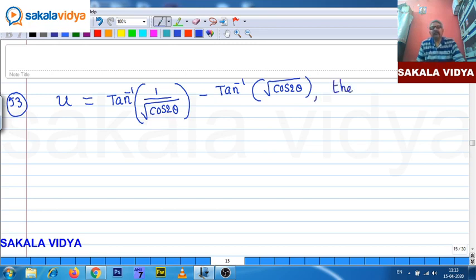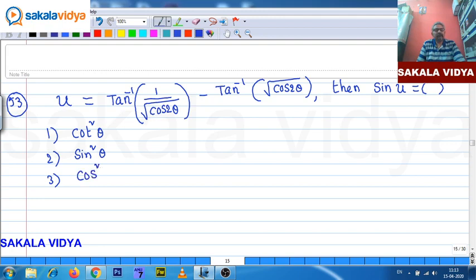Then sin u equals: first option cot square theta, second option is sin square theta, third option is cos square theta, fourth option is tan square theta. This is the question.